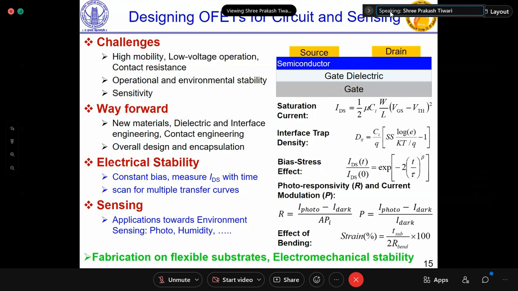What is the way forward? If you want high mobility, you can search for newer materials with better charge transport. Or if lower mobility is coming from a bad dielectric and semiconductor interface, or a metal and semiconductor interface, then you think about dielectric and interface engineering.